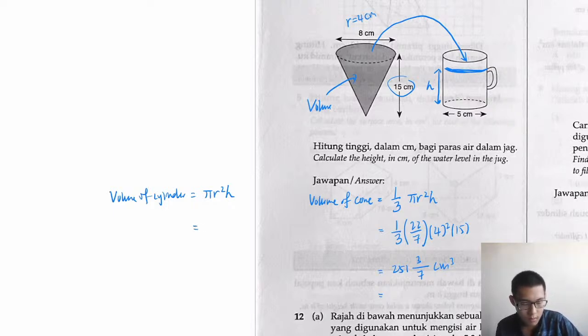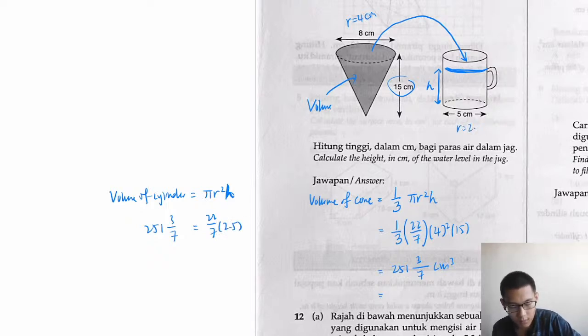So we need to find the height for the cylinder, so h is here. Just now our answer is 251 3/7. No need to substitute pi, never mind. We continue. 22/7. R is 2.5 because here it is 5 cm. R is 2.5, so times h.